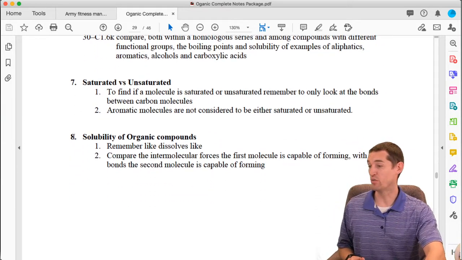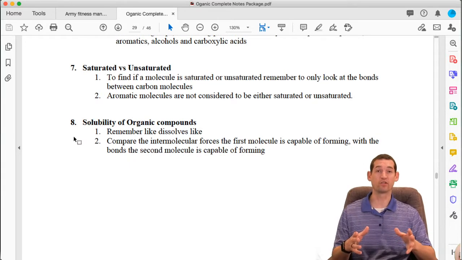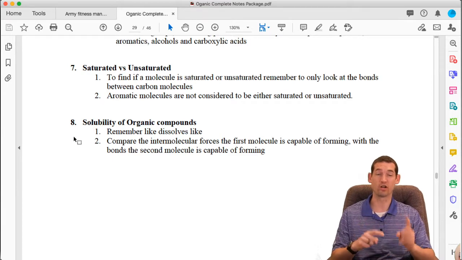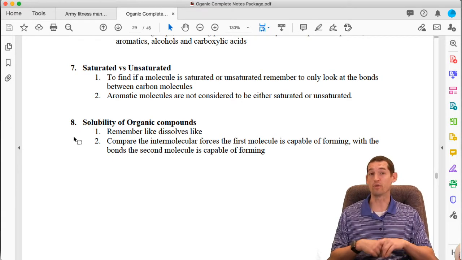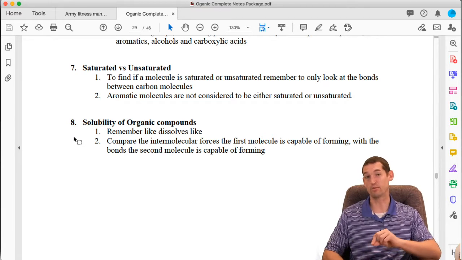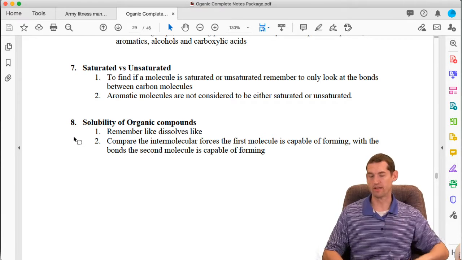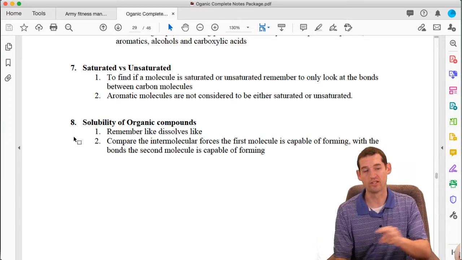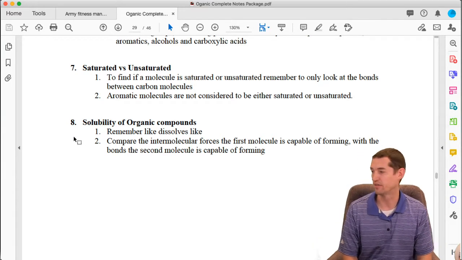Make sure that you know how to define a molecule as either saturated or unsaturated. Remember that we're not just looking for double bonds, we're looking for carbon-carbon double bonds. So a carboxylic acid that has a carbon double bonded to an oxygen is not unsaturated. But if you had 2 carbons double bonded together, that is unsaturated.